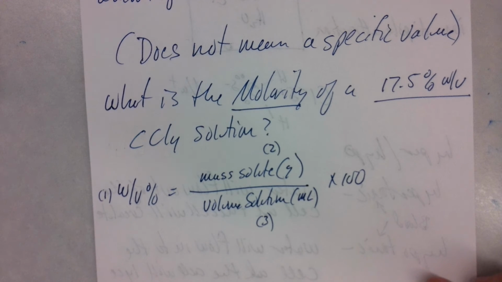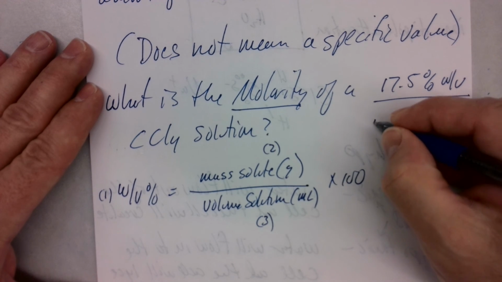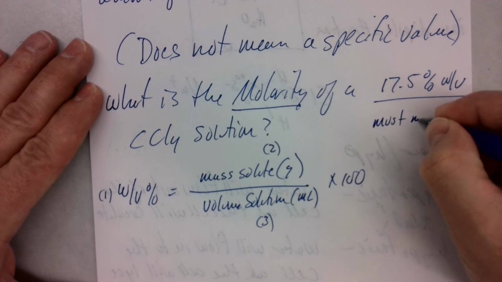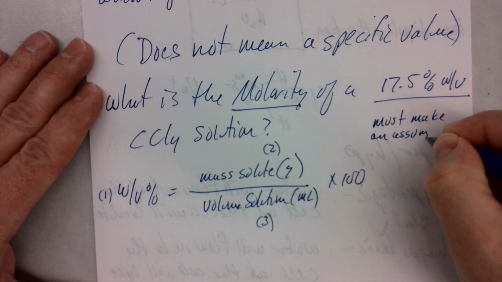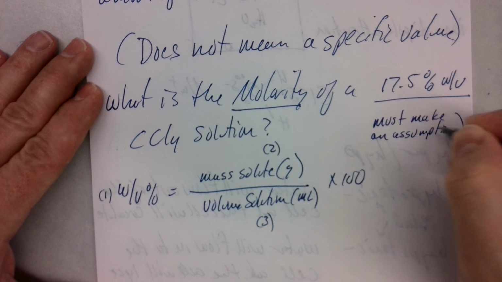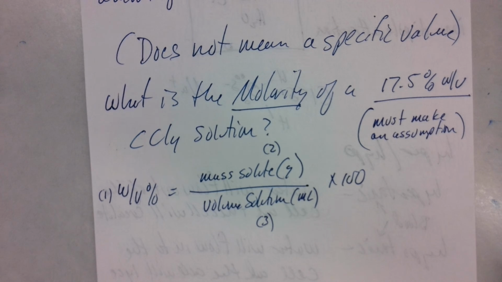They only give me one value. So this requires you to make an assumption, and if you know how to make the right assumption, it makes the problem really easy.